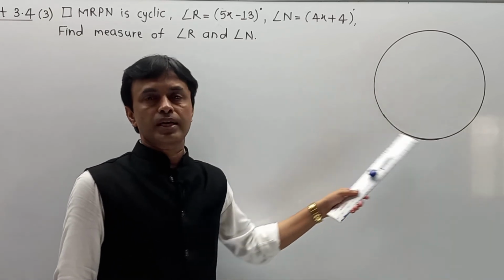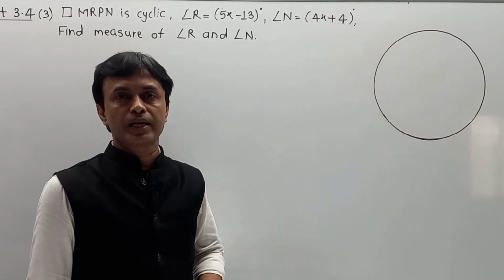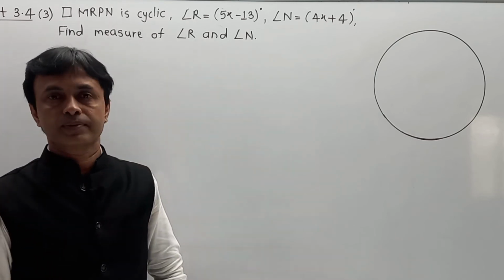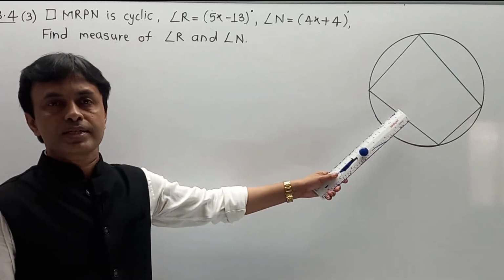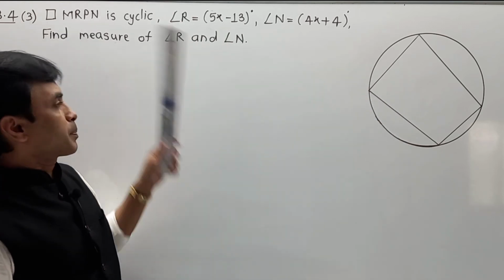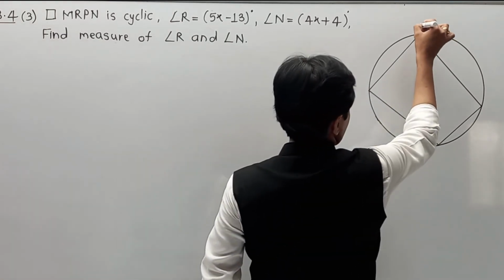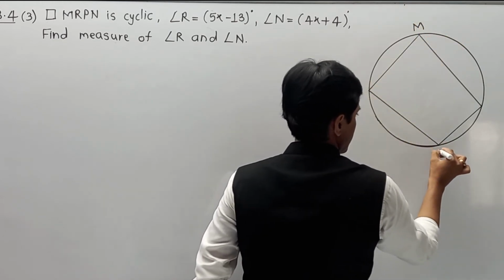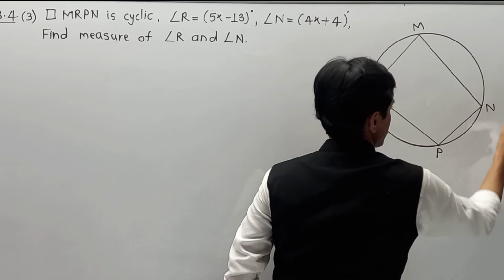Now I have drawn a circle and here I am going to draw one cyclic quadrilateral giving the name MRPN.